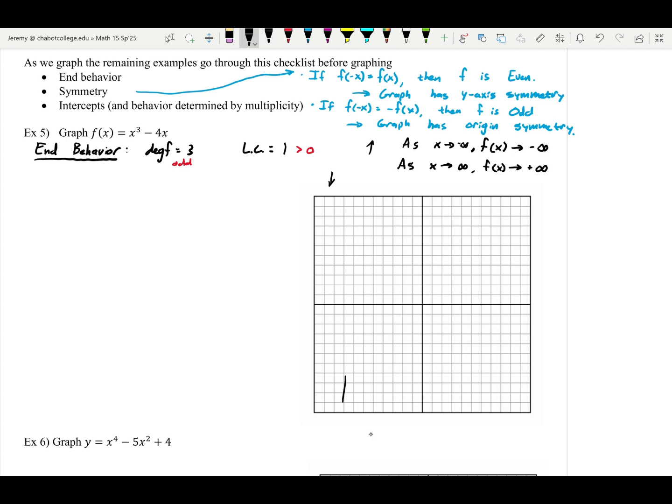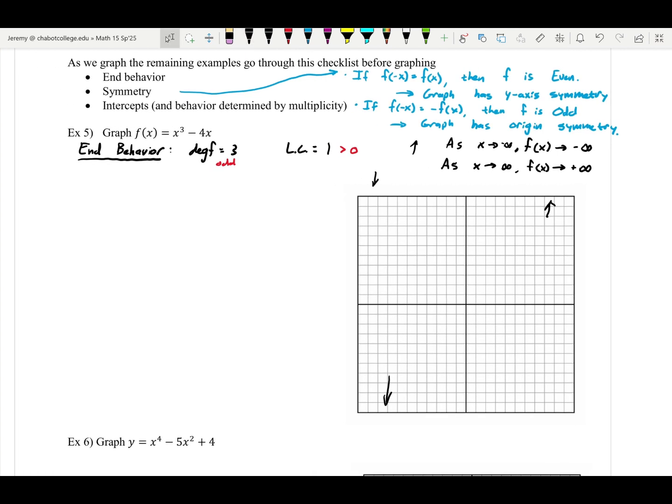So down on the left, up on the right. That's very helpful, just the big picture of what is happening with this cubic function. Let's look at symmetry now.